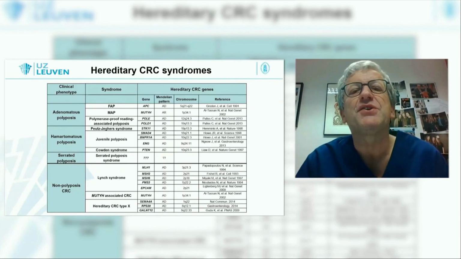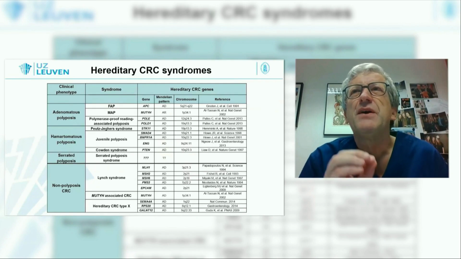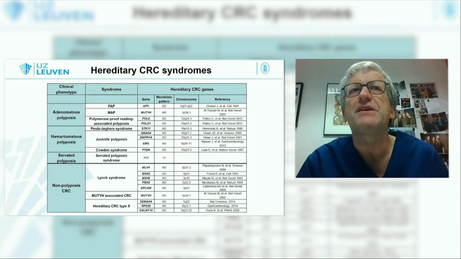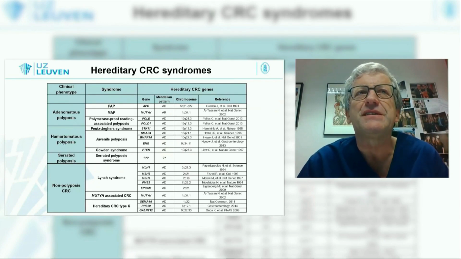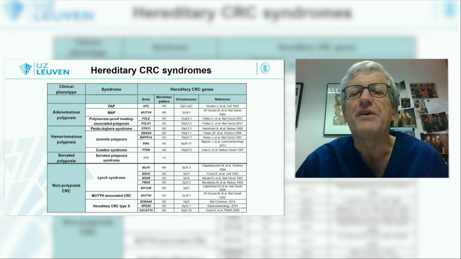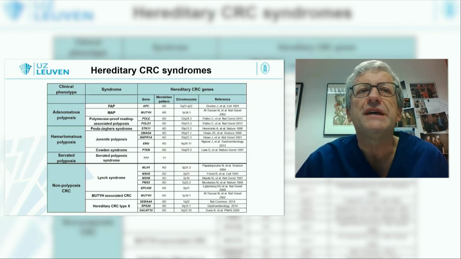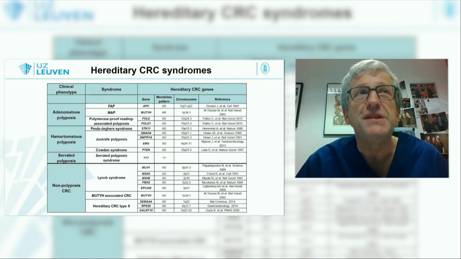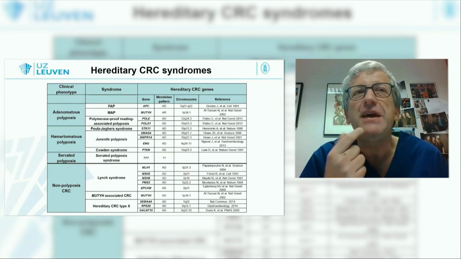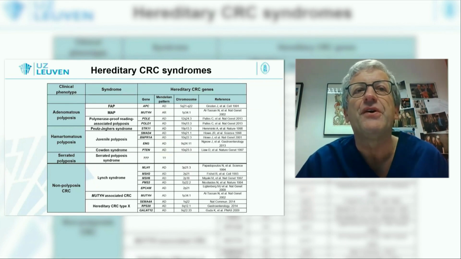Another aspect that I touched upon already is that we need to know whether the tumor is in the setting of a hereditary colorectal cancer syndrome. That has implications for the endoscopist. We know that more advanced imaging, especially in patients with Lynch syndrome, may improve the detection of early lesions in this setting.